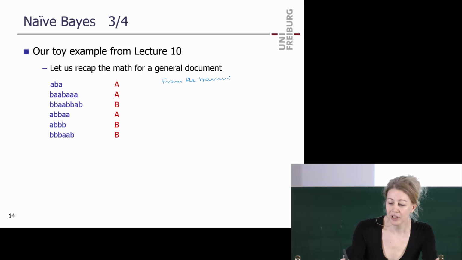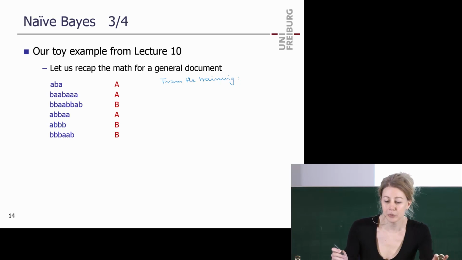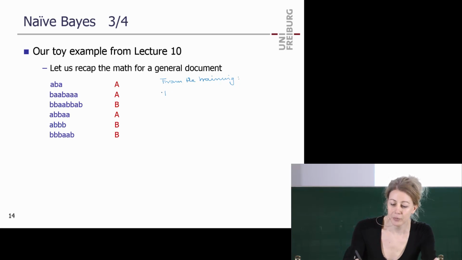So last time we had a slide where we predicted this for a fixed document, just to show you. Now I will do it for an arbitrary document, right? So we had the probability of class A and the probability of class B. So it's very easy now, this slide. The probability of A for A was 2/3.